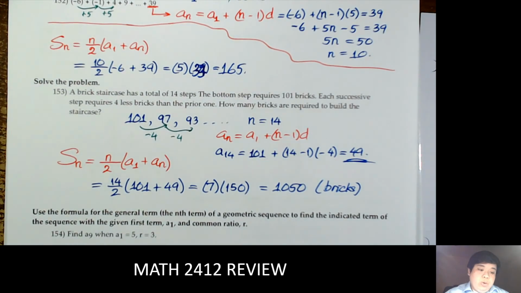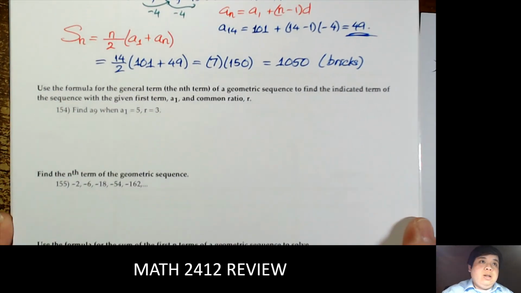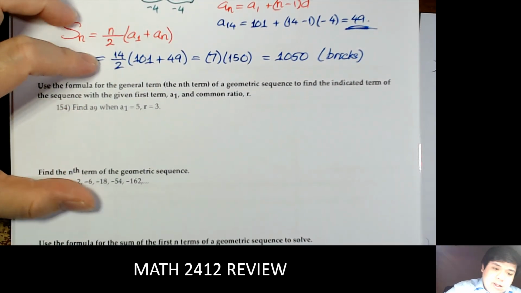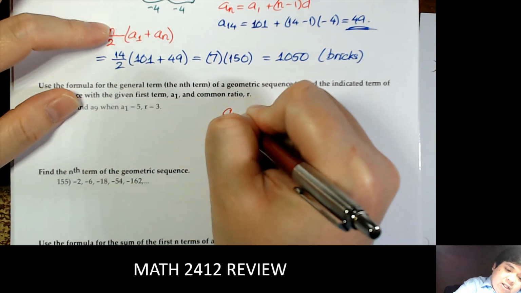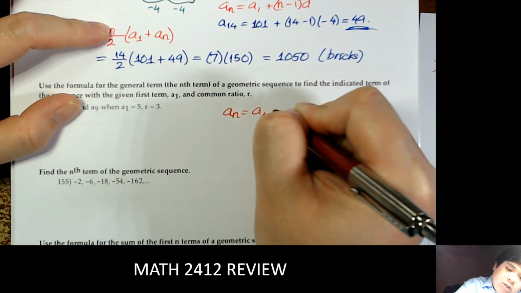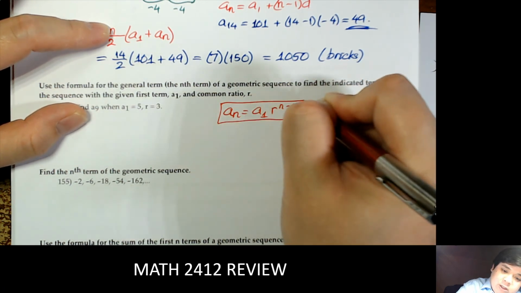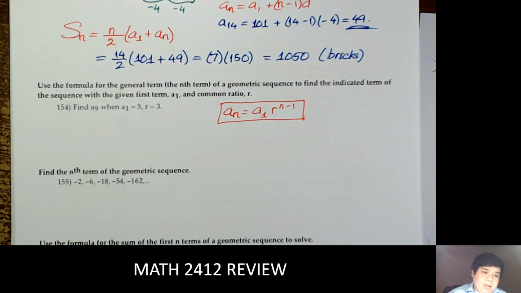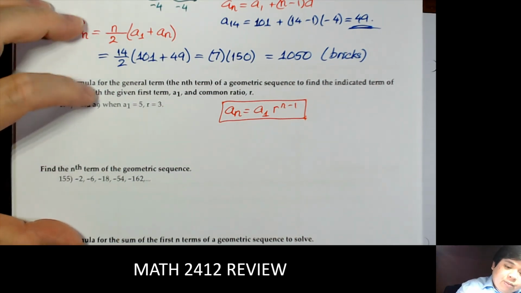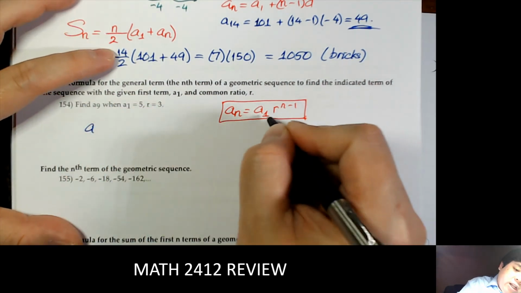Next, we will go to the geometric sequence. The n term is equal to the first one times r to the n minus 1. So the first term, I mean a9, so we're just going to put 9 in for n.